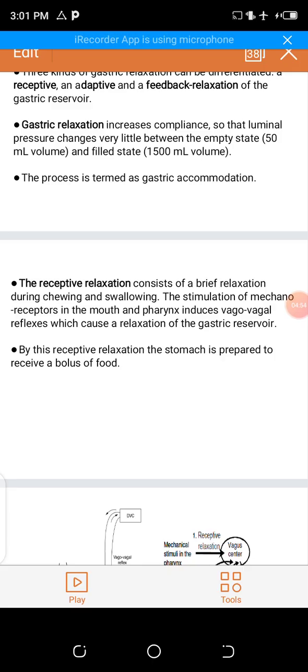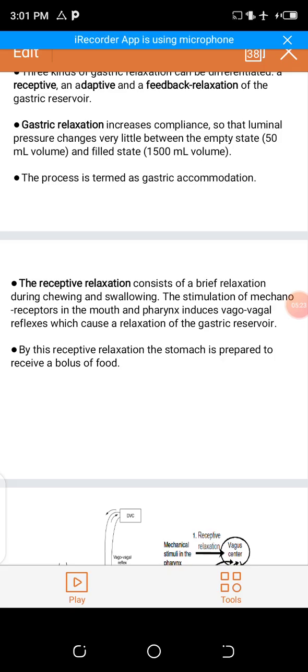How does this operate? During chewing and swallowing, mechanoreceptors found within the mouth and the pharynx are activated, they are stimulated, and that will induce what we call the vagovagal reflex. It is a reflex that has both its afferent and efferent limbs within the vagus nerve.